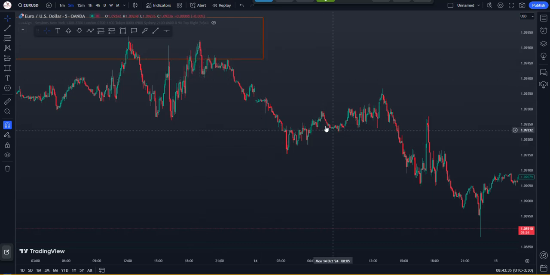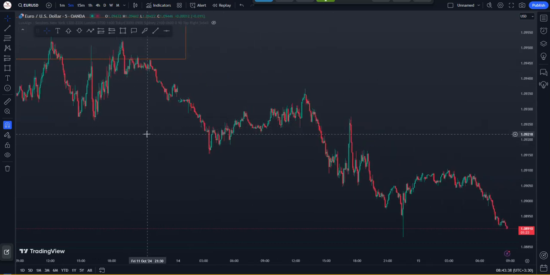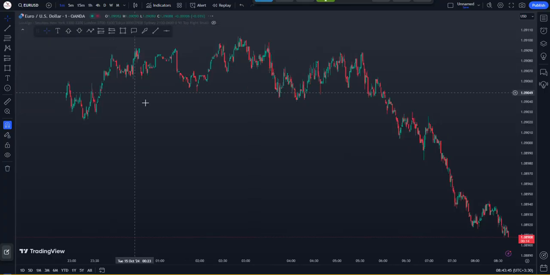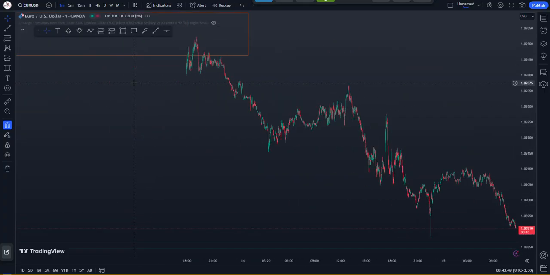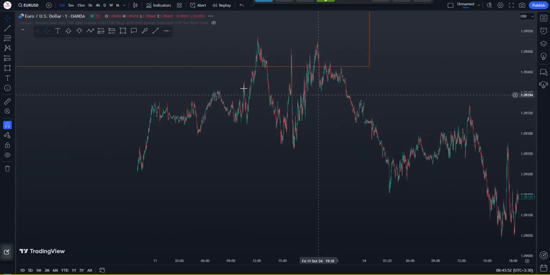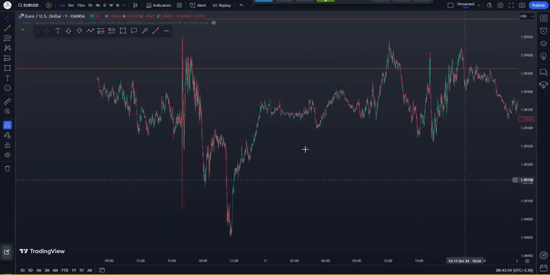we are in the 5 minutes time frame, and there is something important remaining here. I think let's go to 1 minute and see that space we're talking about here.